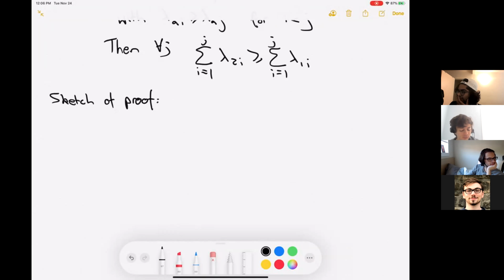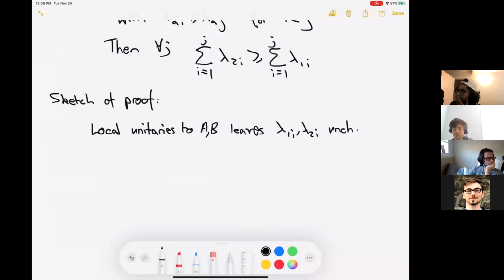Okay. So the first thing to note is that applying local unitaries to A and B leaves these eigenvalues unchanged.